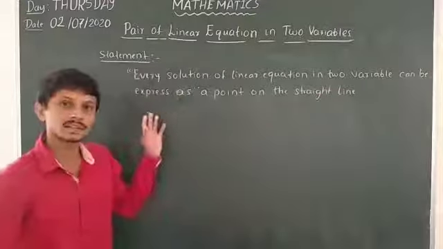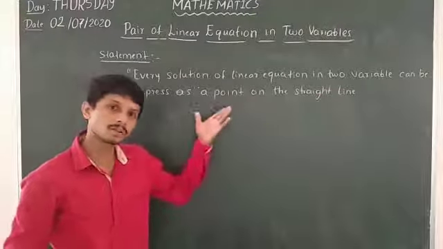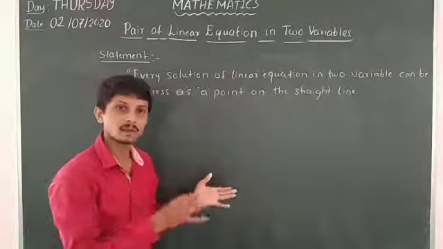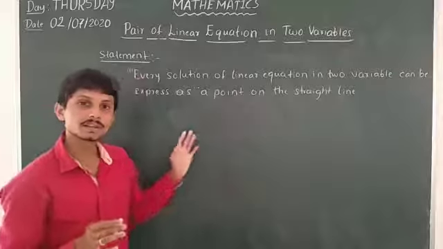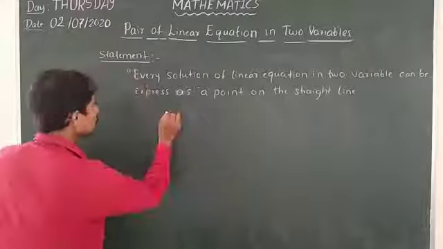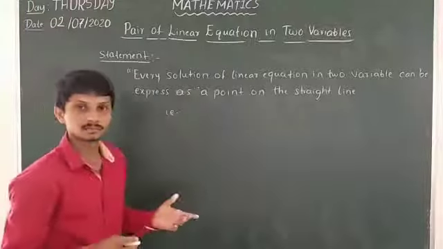So we are representing all those solutions as points on the straight line. It's a geometrical representation of the linear equation in two variables.